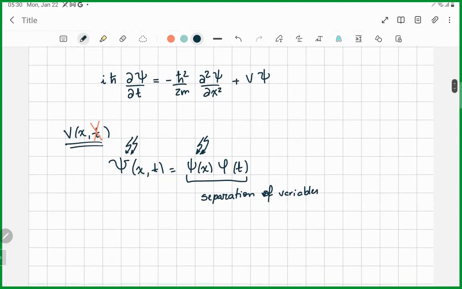Well, let's go. Let's see how we are going to proceed. I'm going to use this wave function back in Schrödinger's equation, but I'm going to write it in this product form. All right, so then that equation will be now written like this. The derivative in time will not affect the function of x, right? So I'm going to take this out. And the derivative, which was partial, is now going to be an ordinary derivative acting on the function that only depends on time.